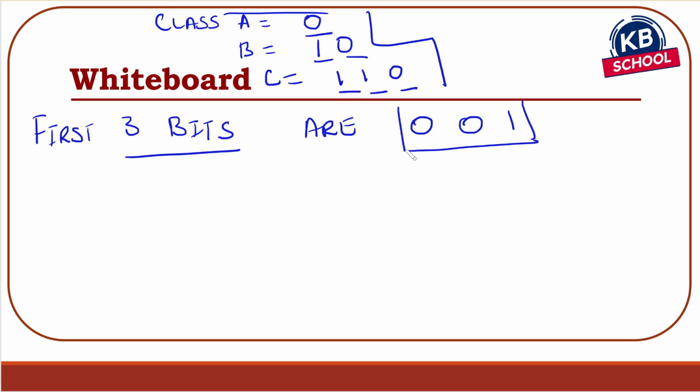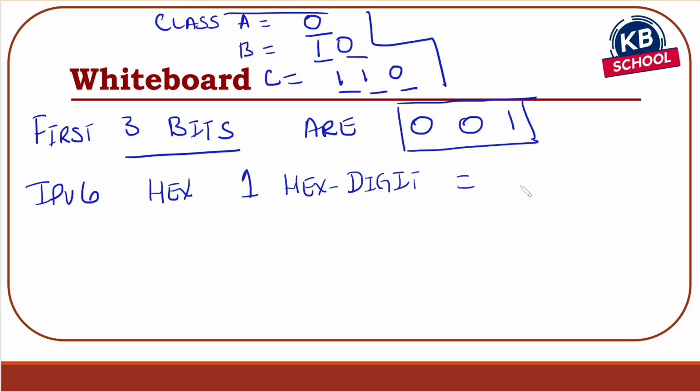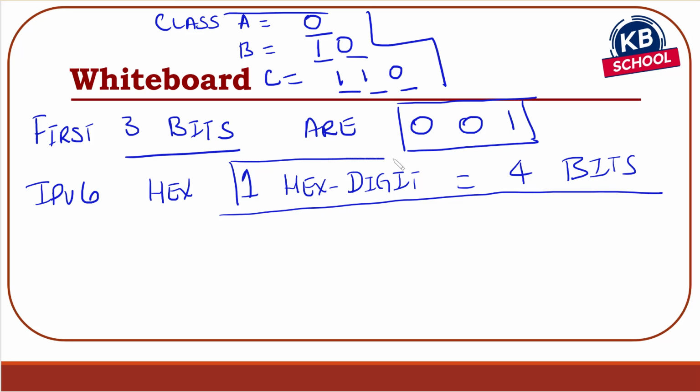That's the rule. Now, if you take a deeper look at the rule, the first 3 bits: I don't write an IPv6 address in binary, I write it in hex. And if you remember, 1 hex digit equates to 4 bits. So my first hex digit, which is equivalent to 4 bits, has its first 3 bits always 0, 0, 1 for a global unique address.